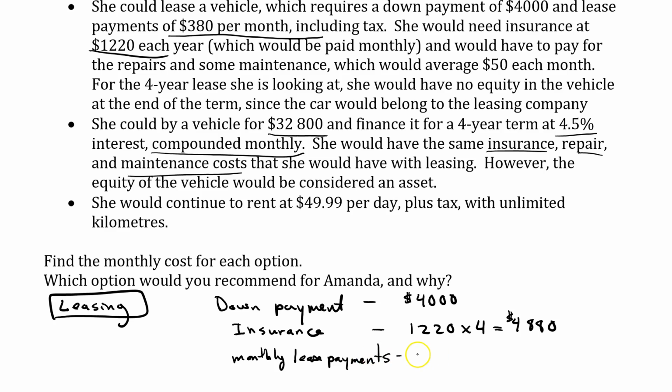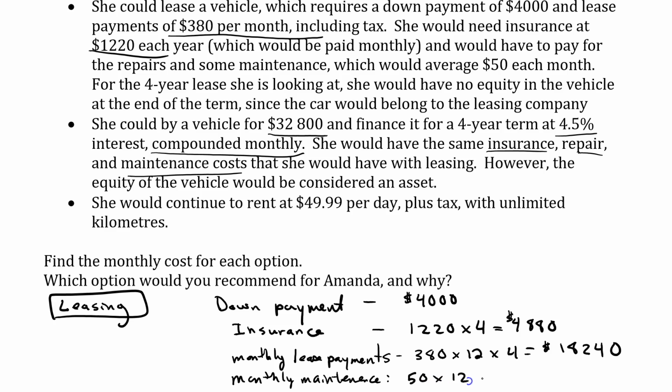Since they include the tax, we have $380 times 12 per year times 4 years for a total of $18,240. The maintenance is going to be $50 times 12 months per year times 4 years, which will be $2,400.